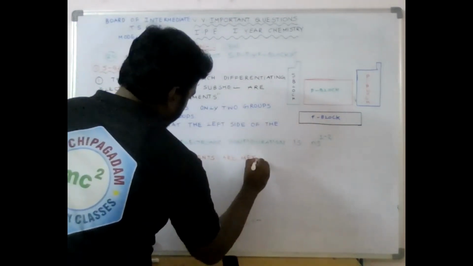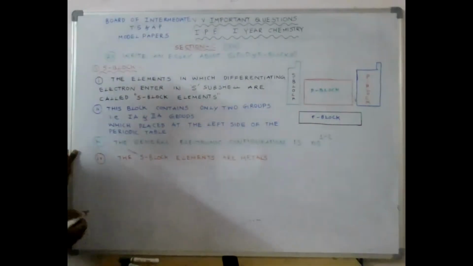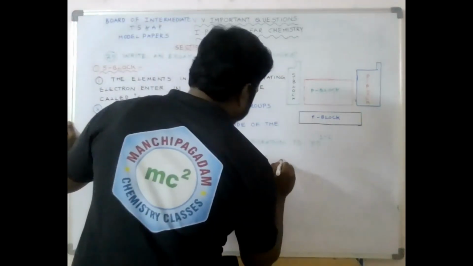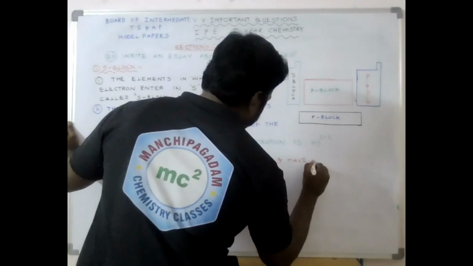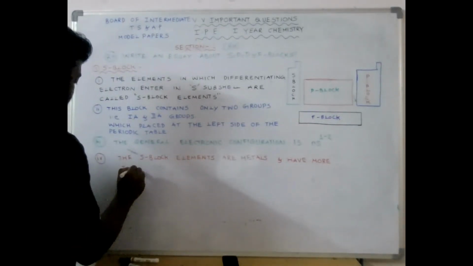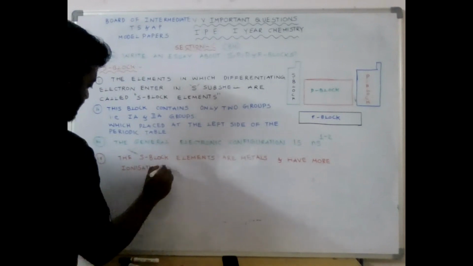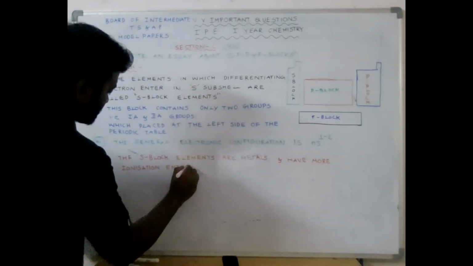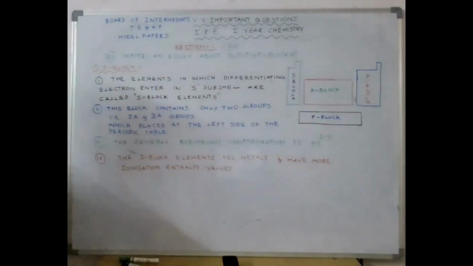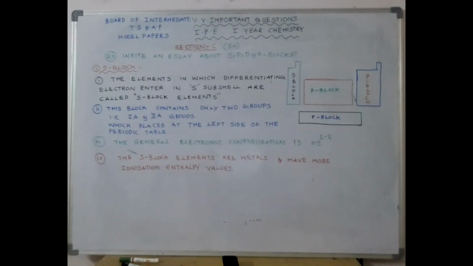That is why we are calling them alkali metals and alkaline earth metals respectively, first A and second A. The S block elements are metals and have more ionization enthalpy or ionization energy values. That's it. So the S block elements are metals and have more ionization enthalpy values. That's about S block. Only 4 points.